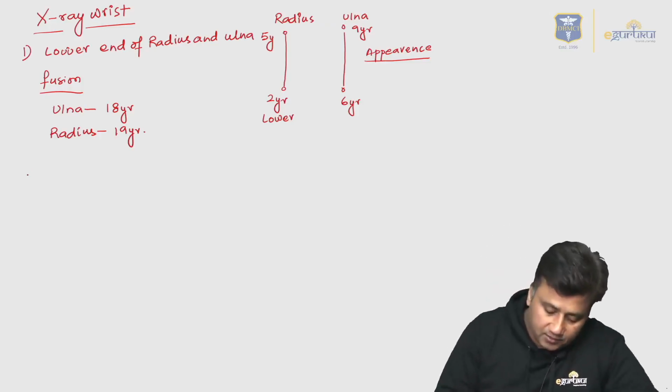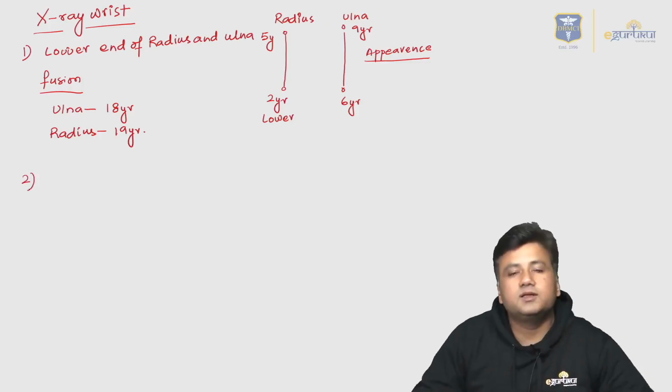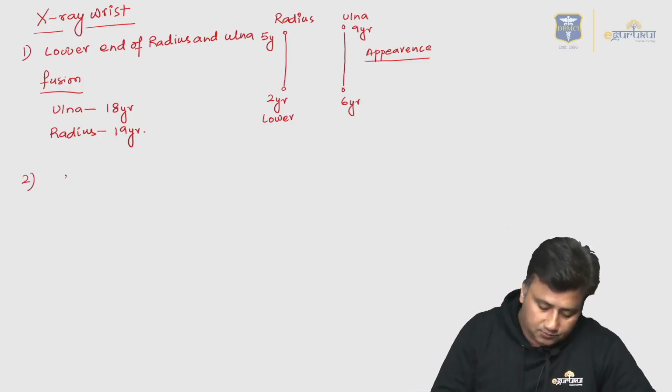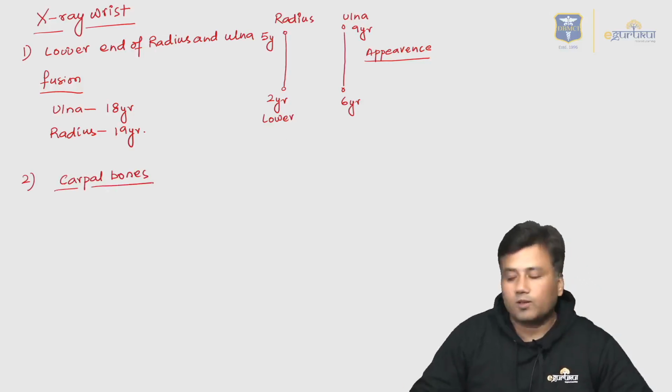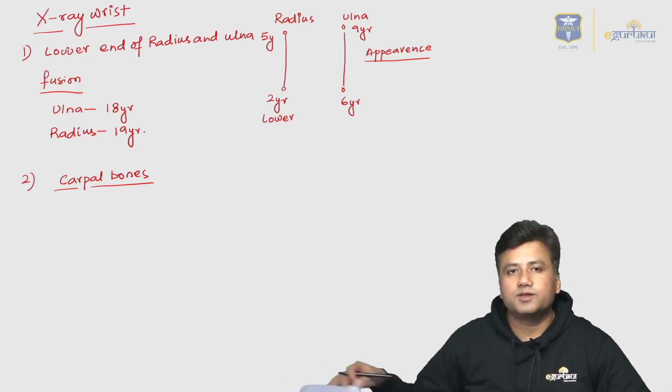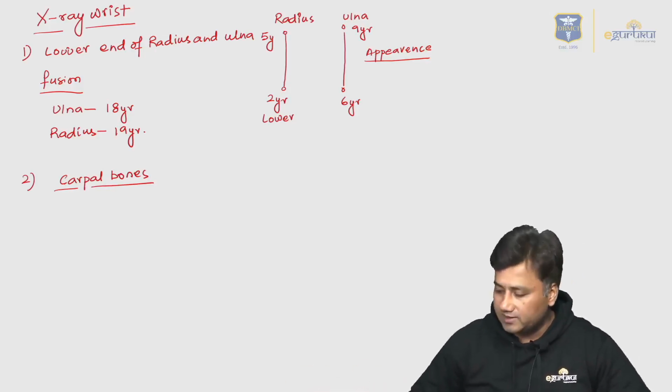The second thing to be seen in the X-ray of a wrist joint are the carpal bones, the number of carpal bones which may be present.